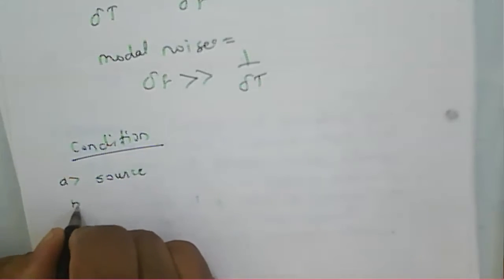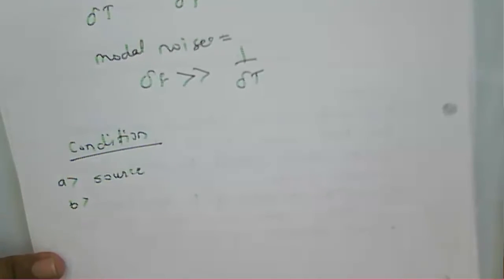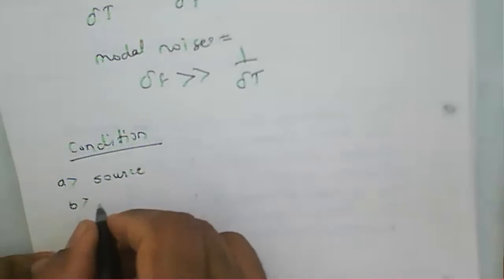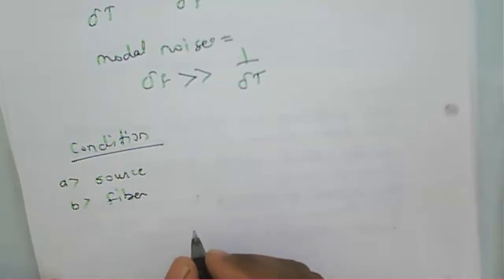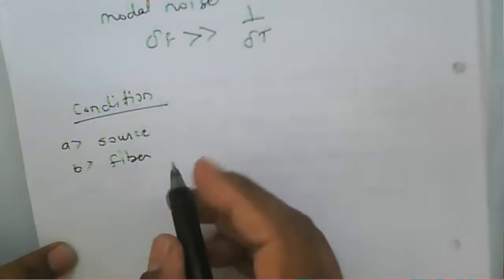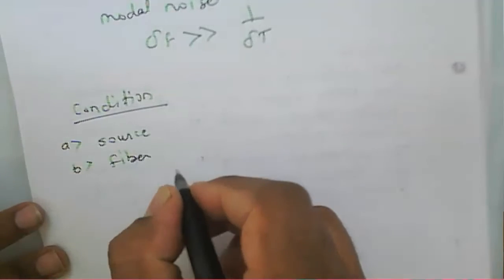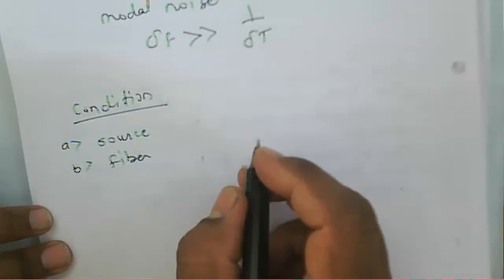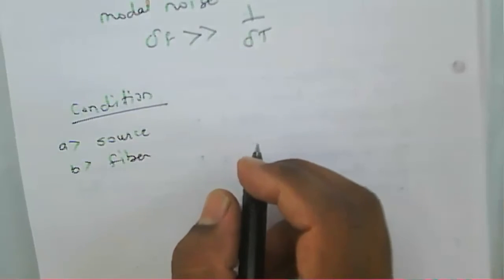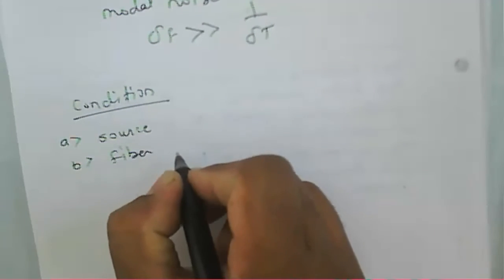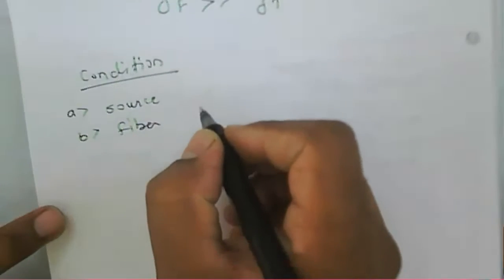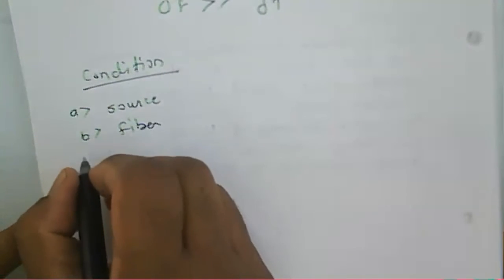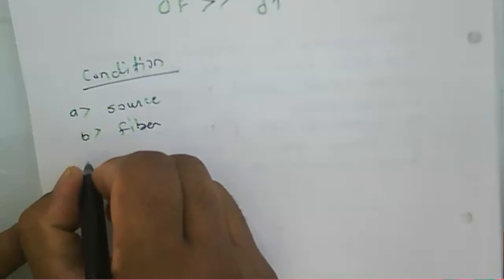Next are disturbances inside a particular fiber. Inside a fiber there is a difference in the modes, or there may be a differential modal delay, or modal spatial filtering, or there may be fluctuations inside the fiber. That's why modal noise will be present there.